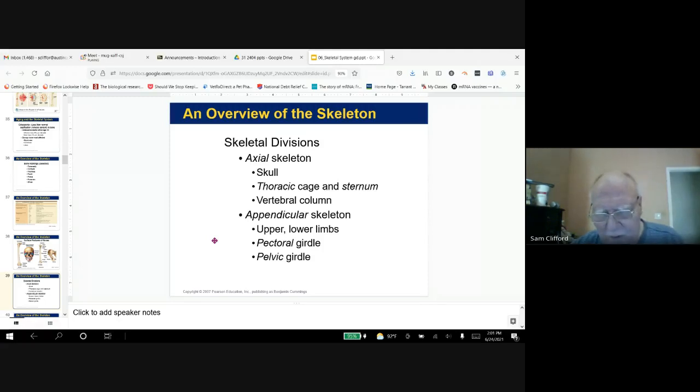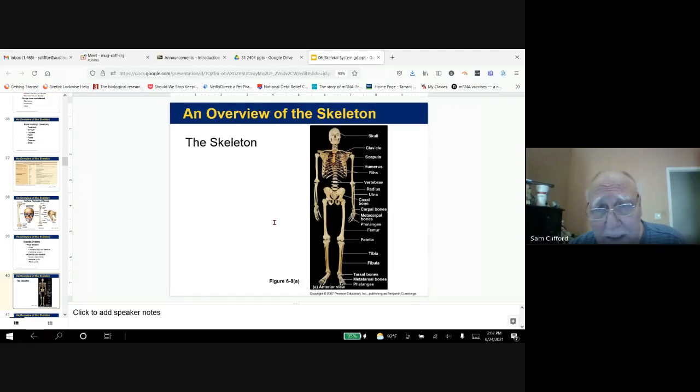So we have two skeletons: the axial skeleton and the appendicular skeleton. The central skeleton is the axial skeleton. The external skeleton, the limbs, away from the spine and the skull, is the appendicular skeleton. You should know all these bones, so make sure you look at that.